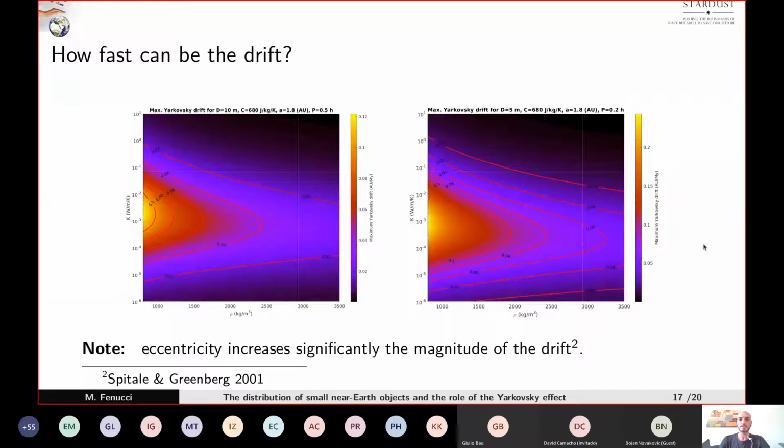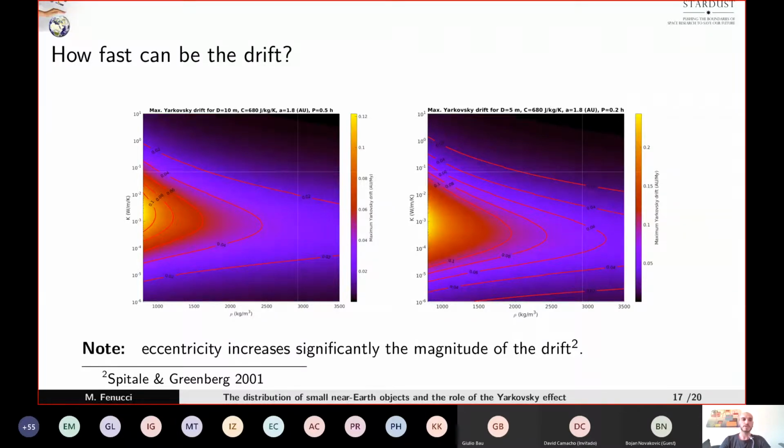And from these plots, we can see that in some cases we actually reach the drifts that we need to see some differences in the orbital distributions and on the lifetimes.